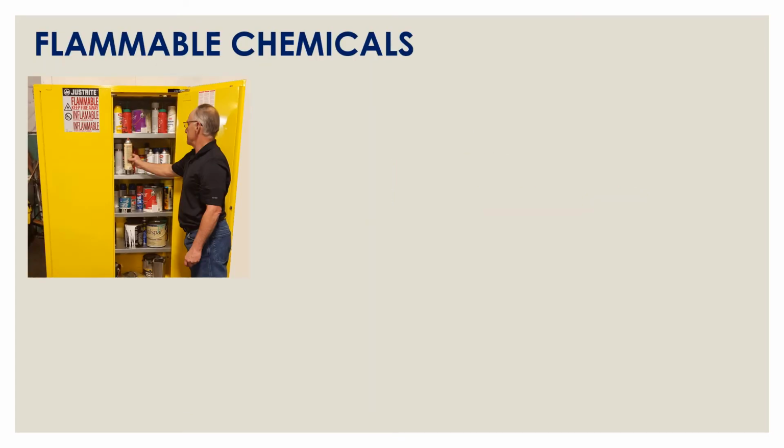The first type of hazardous substances we will be looking at are known as flammable chemicals. Flammable and combustible liquids are liquids which can burn. These are classified as either flammable or combustible depending on their flash points.